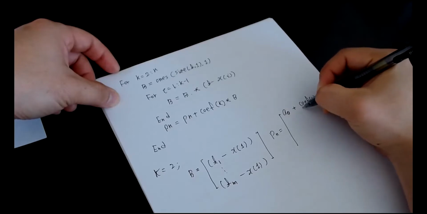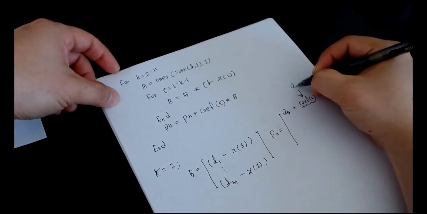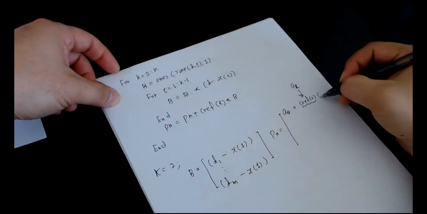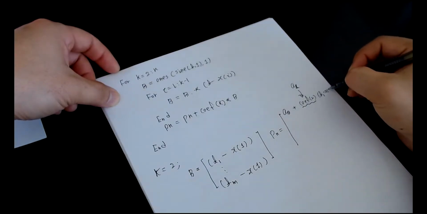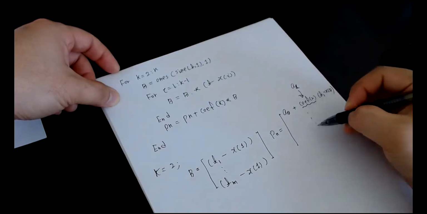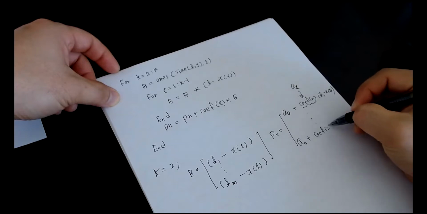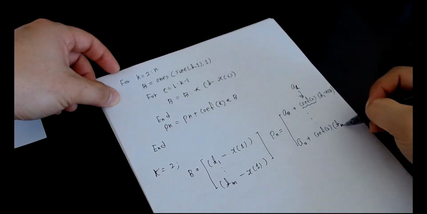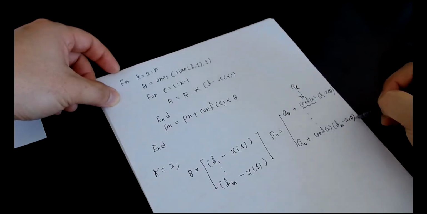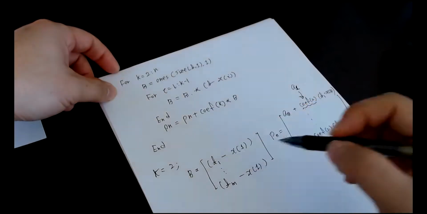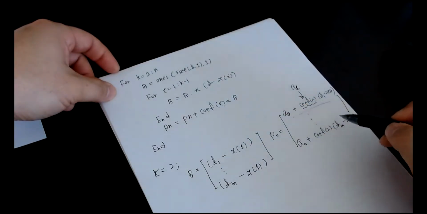COEF2, which is A1, right? A1 times b is T1 minus x sub 1 through the A0 plus COEF2 times Tm minus x sub 1. Okay, I see. All right, so it makes sense, right?